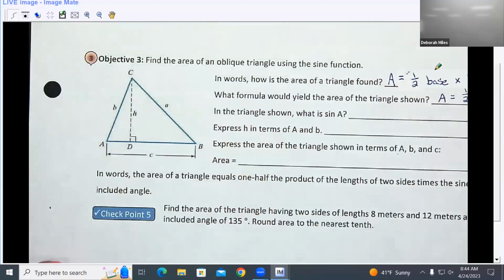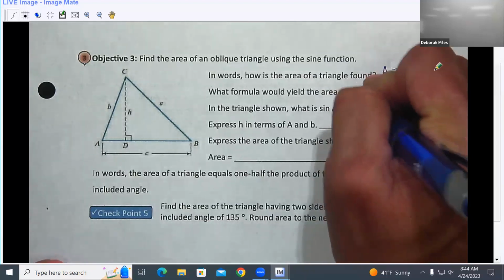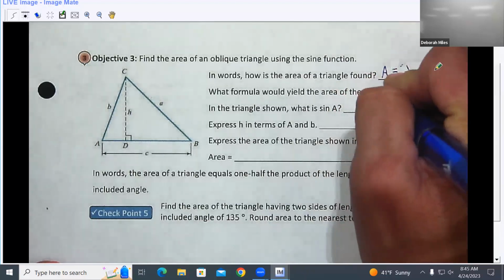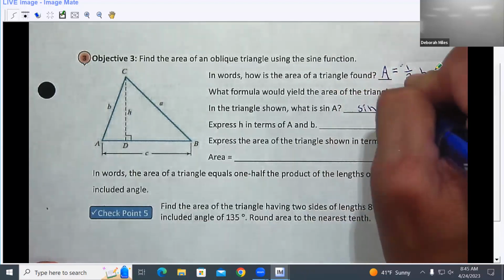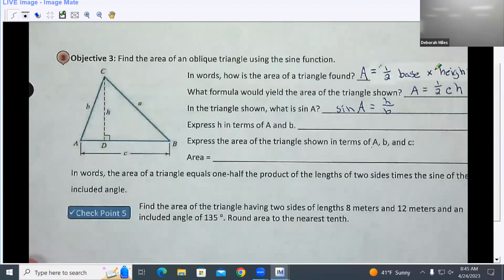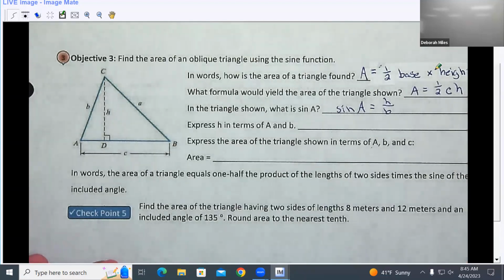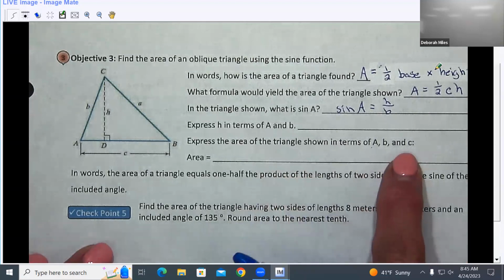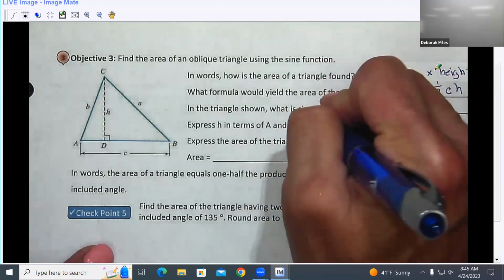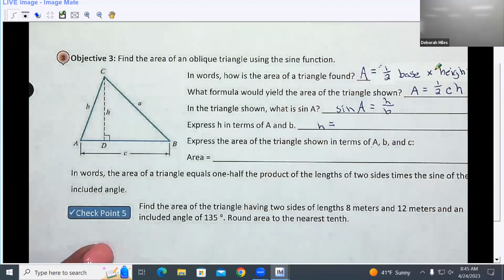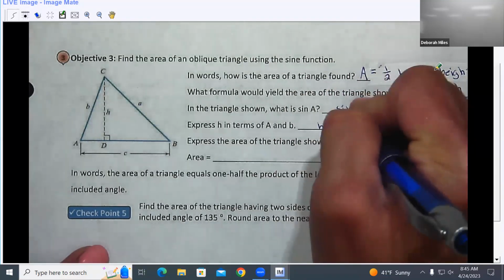Sine A is H over B. Express H in terms of angle A and side B. If you solve the previous line for H, what would you have? B sine A.